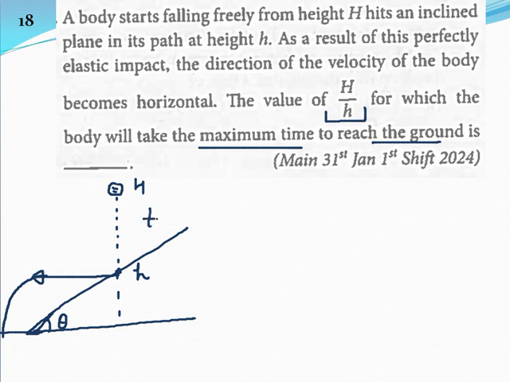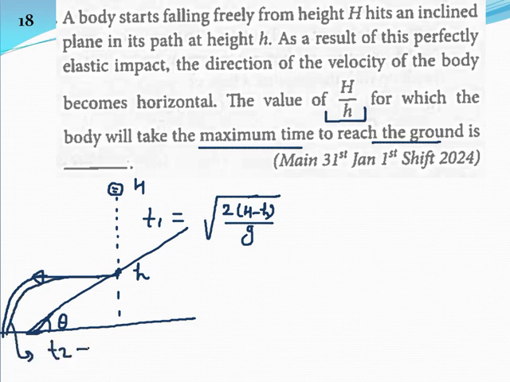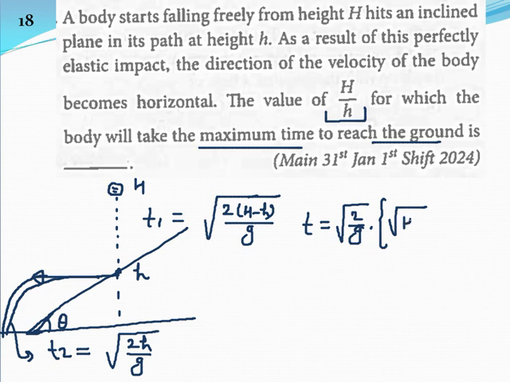First, this duration we can write as root of 2 times (H minus h) upon g, and in this duration it takes a time t2, it goes horizontally, that's why we can use this relation directly. So the total time it takes is root 2 by g in brackets, root of H minus h plus root h.